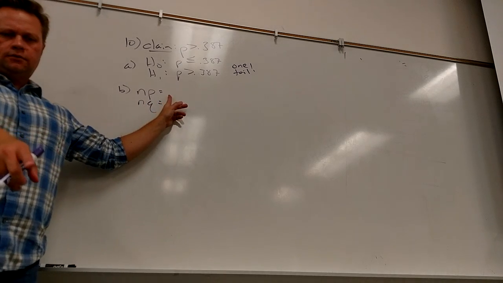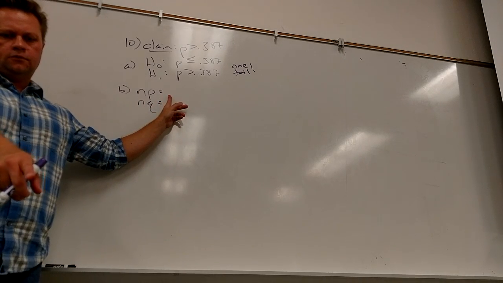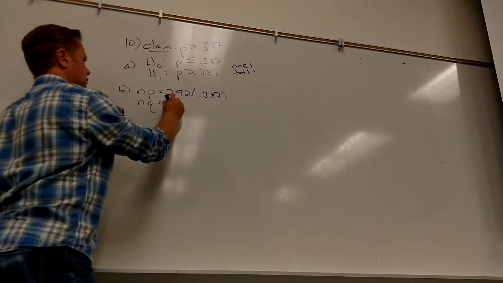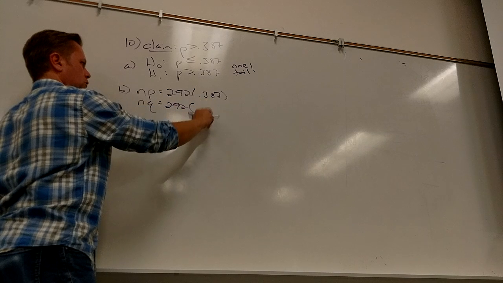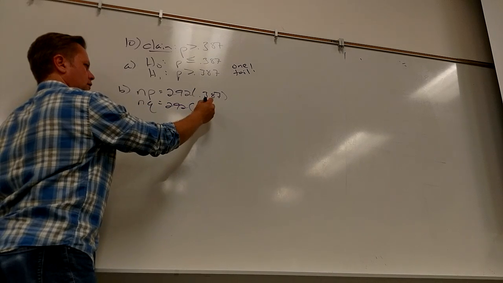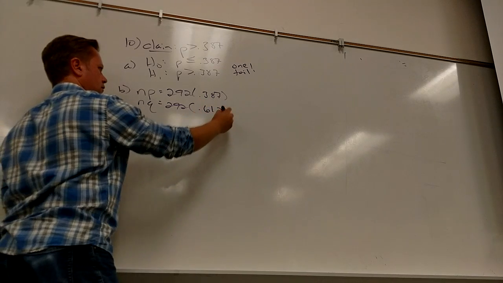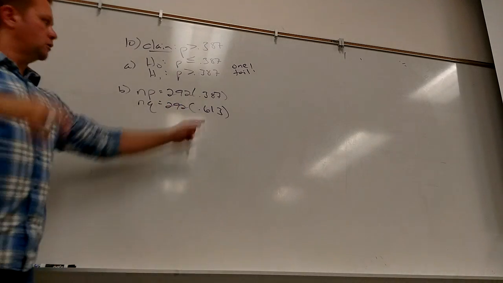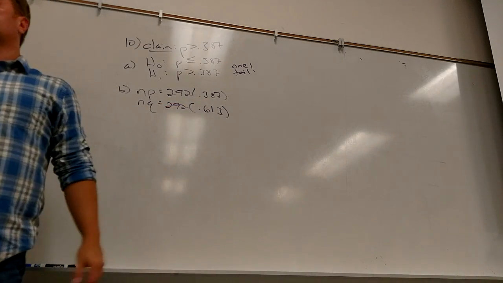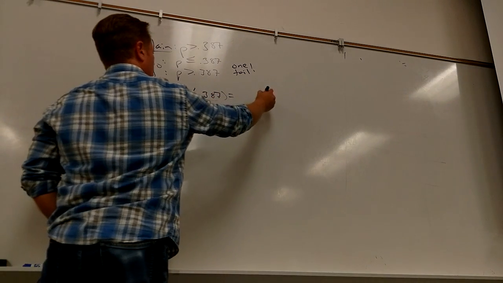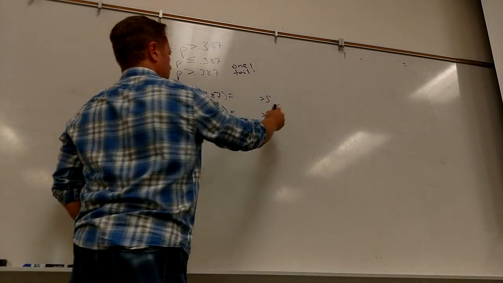So what's N? 292, so it would be 292 times 0.387. And this would be 292 times, what's Q? 0.613. Yeah, just 1 minus this, of course, as always. And so whatever you get for those, and it's got to be greater than 5, which they will be.